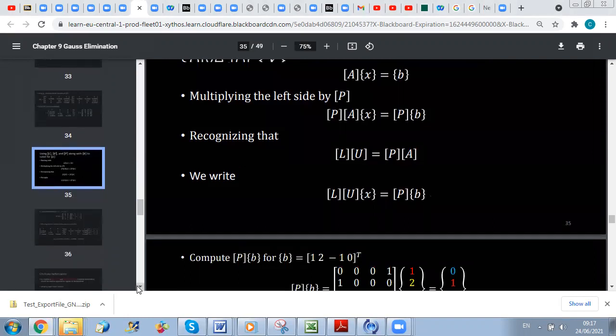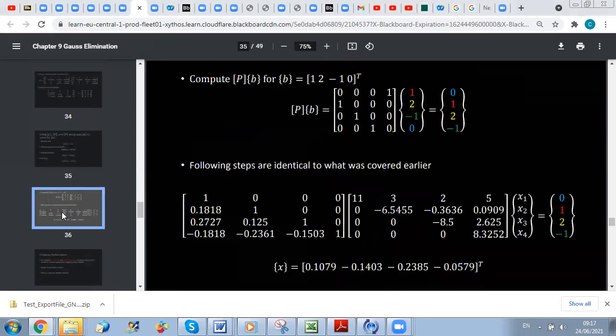Let us consider an example on this. We want to compute PB for B equal to 1, 2, minus 1, 0.